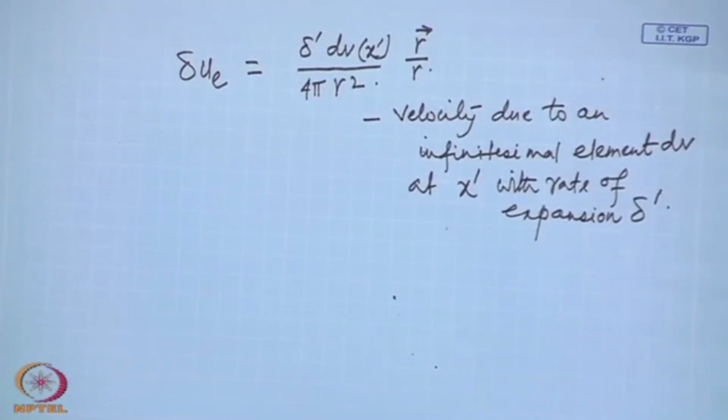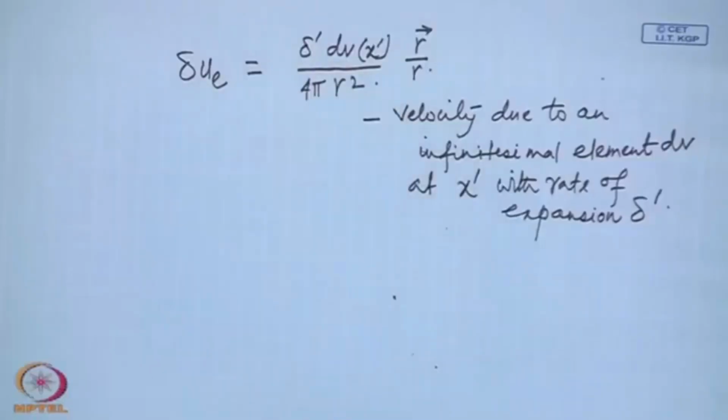Now, what is this quantity delta prime dV prime? See, delta prime is rate of expansion, and dV prime is the volume of a small element. So, delta prime dV prime is again a volume, because delta prime is rate of expansion. So, when you multiply it by the volume, then it gives the total volume expansion.